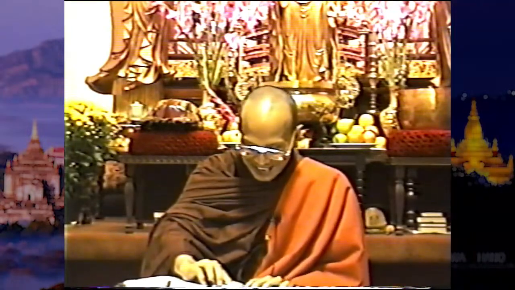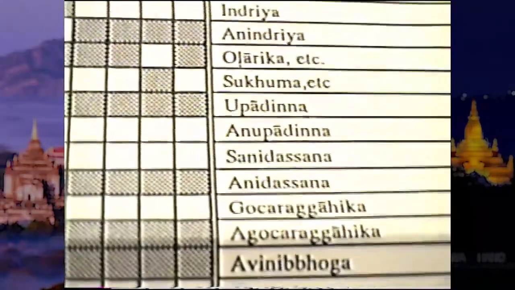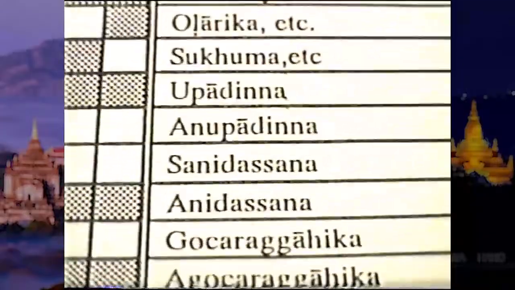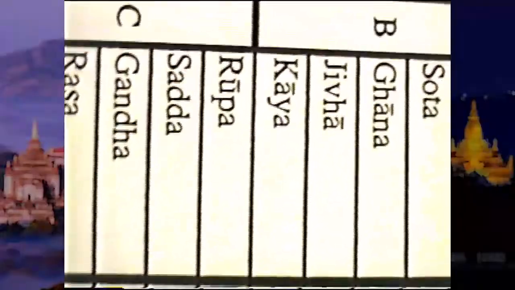And then what? Sanidassana, with seeing. Only one. Only one you can see. So among the 28 material properties, what you see is only one. The others you cannot see with your eyes. You see with your mind. Okay. And then gocharagahika, those that take objects.